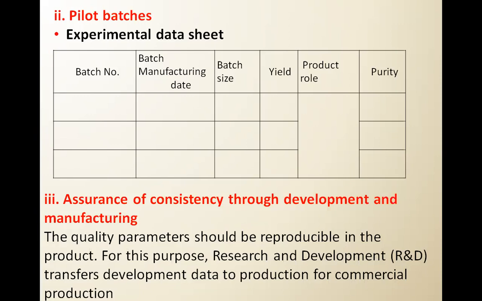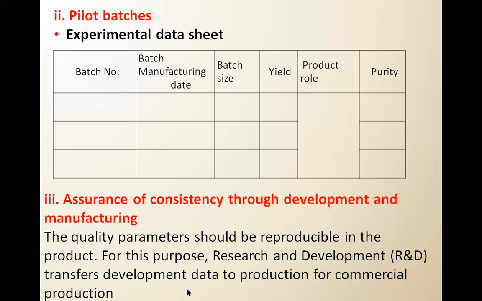Then the third one is the assurance of consistency through development and manufacturing. The quality parameters should be reproducible in the product. For this purpose, research and development transfer development data to production for commercial production.